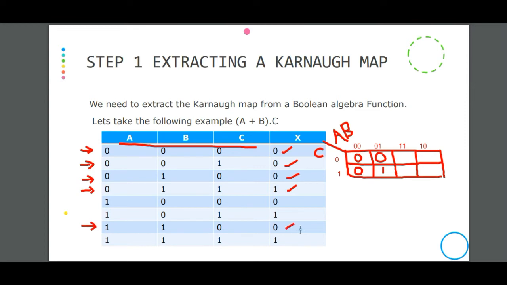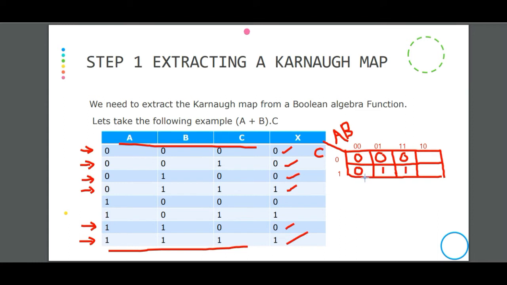Here the answer is 0, so this will be 0. And in the next one, A value is 1, B value is 1, and C value is also 1, which will be the 8th row, where every value is 1. So the answer is definitely 1, and we are going to put 1 here.